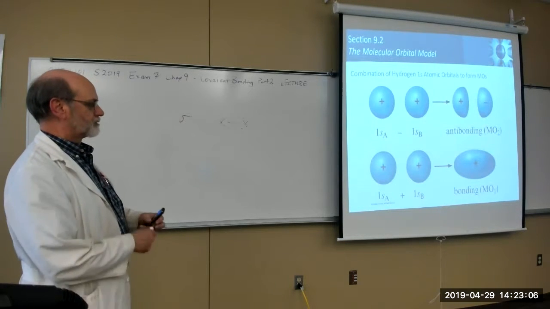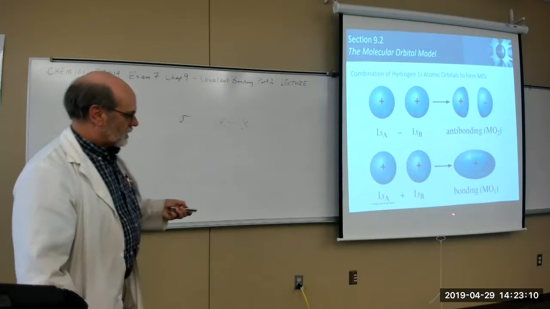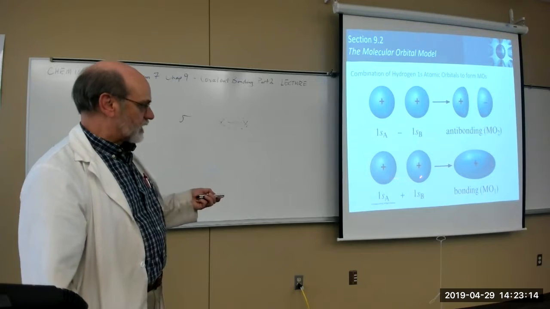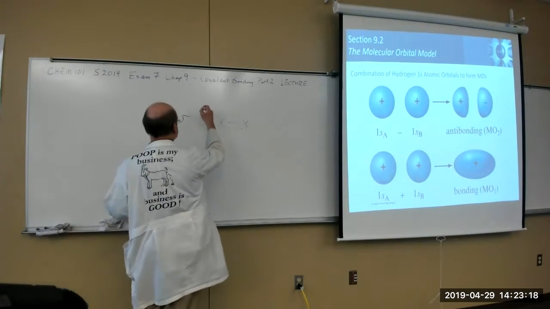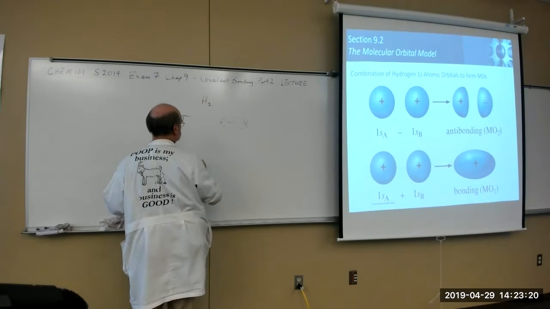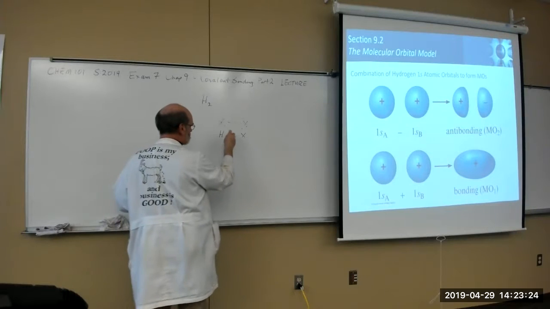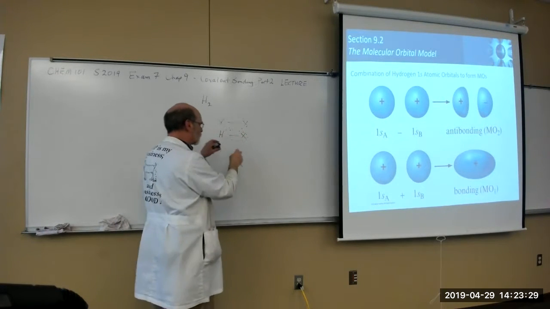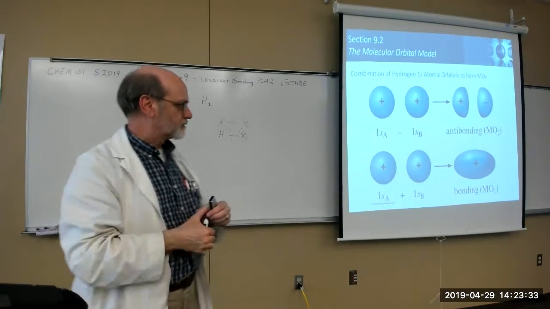So here's an example. If you have two protons coming together, say for instance in dihydrogen, these would be hydrogen, and the density of electrons we would assume to be largely between the hydrogen atoms.